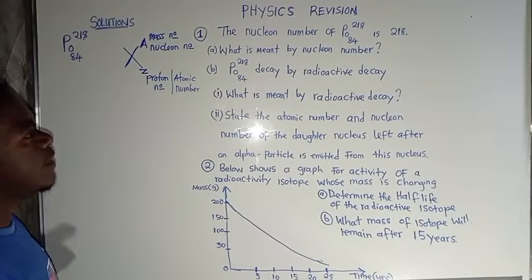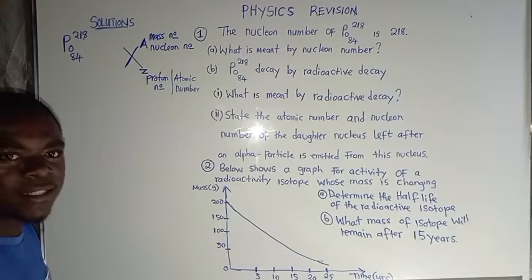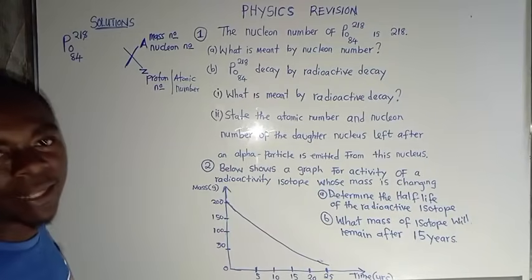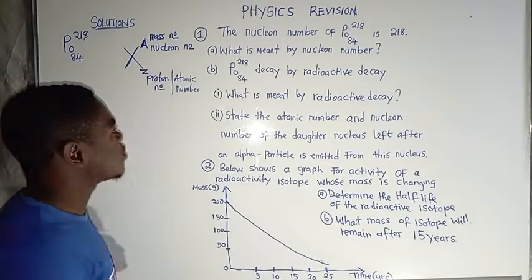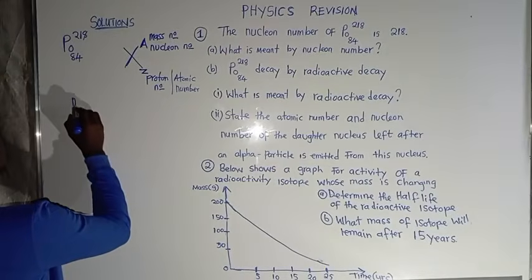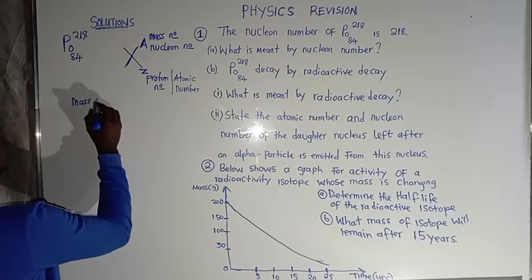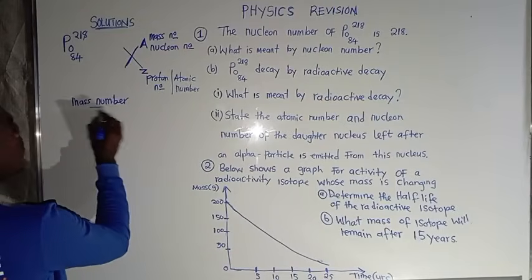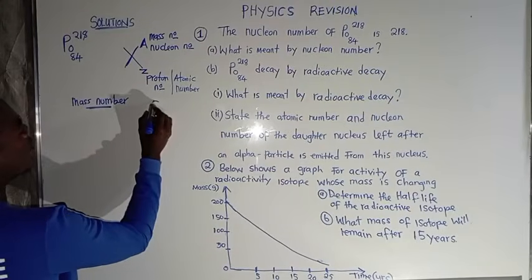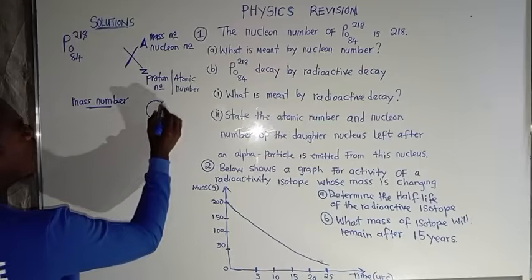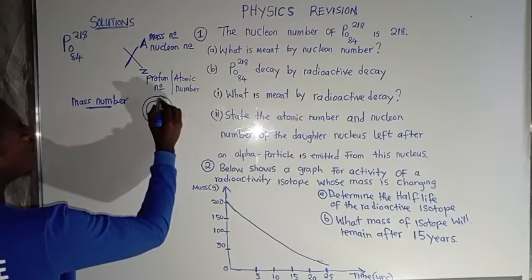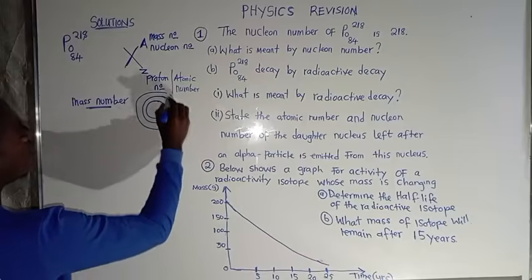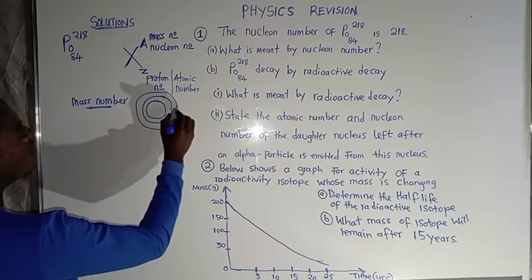So the question is saying, what is meant by nucleon number? Nucleon number is just the same as asking what is meant by mass number. If this is the nucleus and these are shells, in the shells we find electrons.